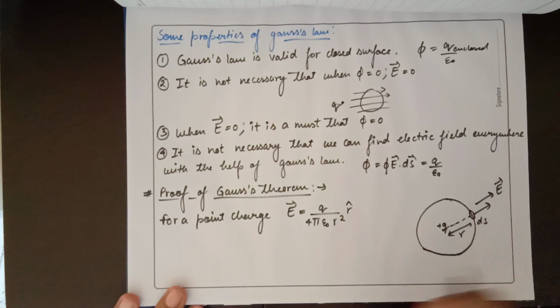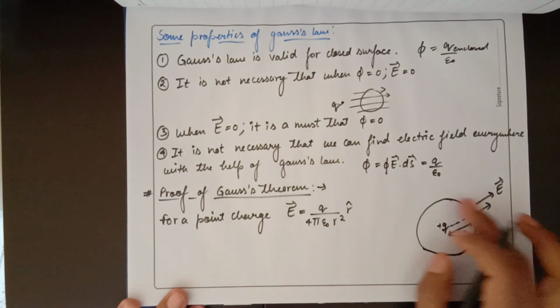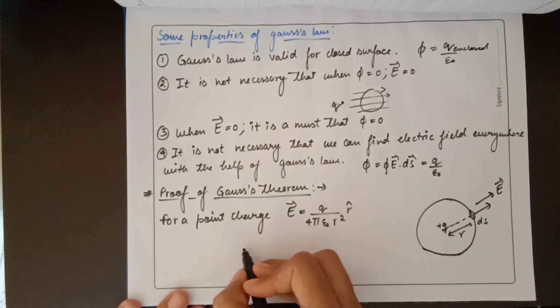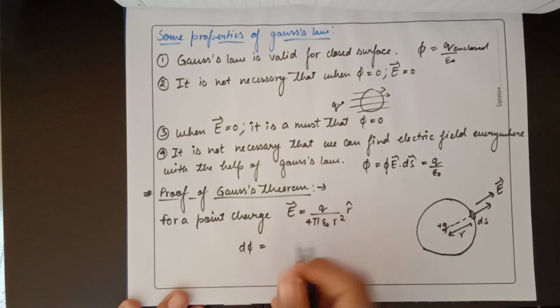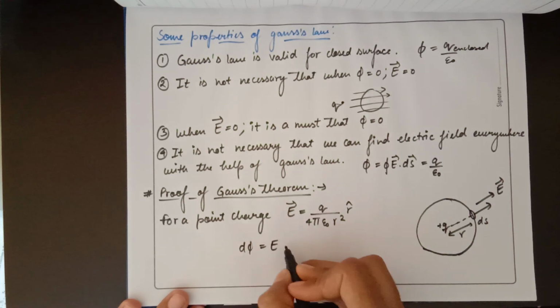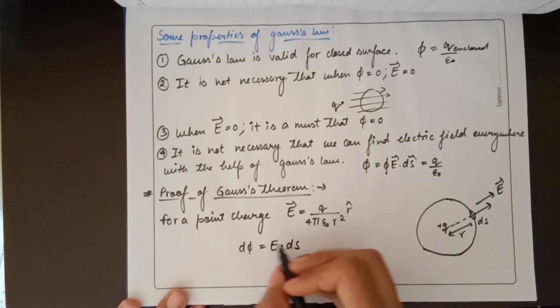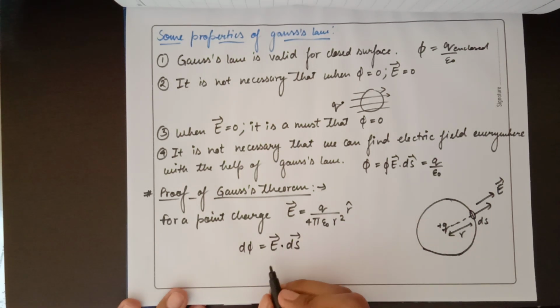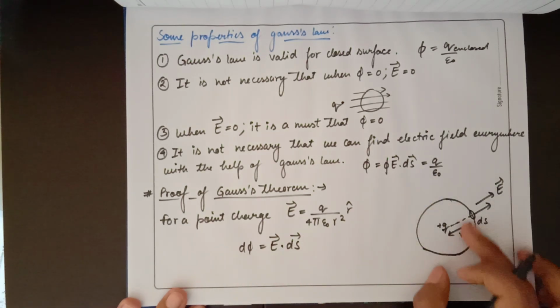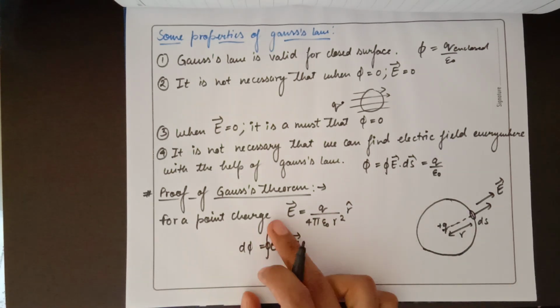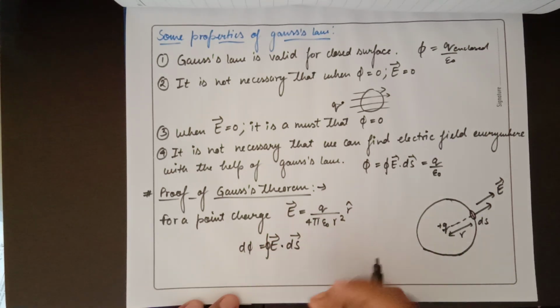So if I want to calculate the electric flux due to this small element, I will write d phi as E dot ds, with a vector sign over it. For the whole surface I will have to integrate it, so I will put a closed integral sign over it.